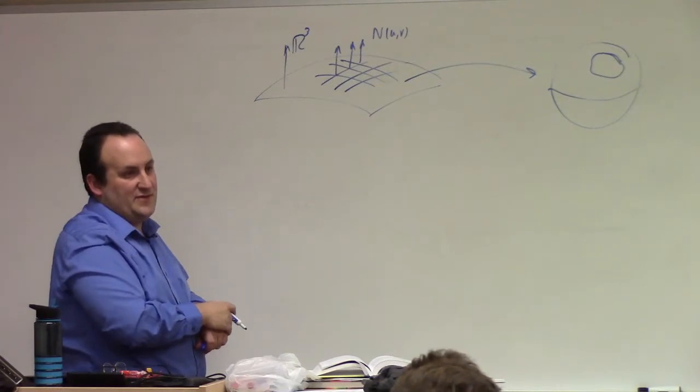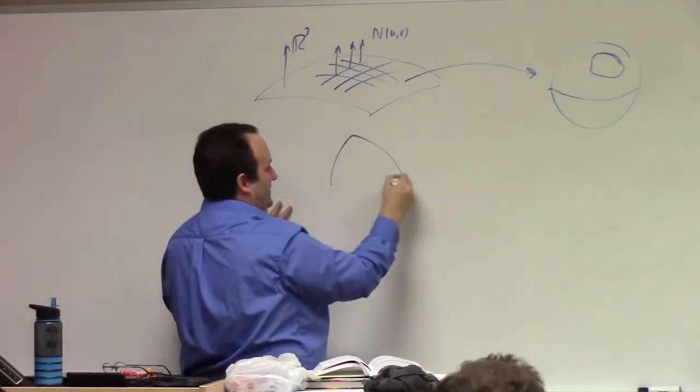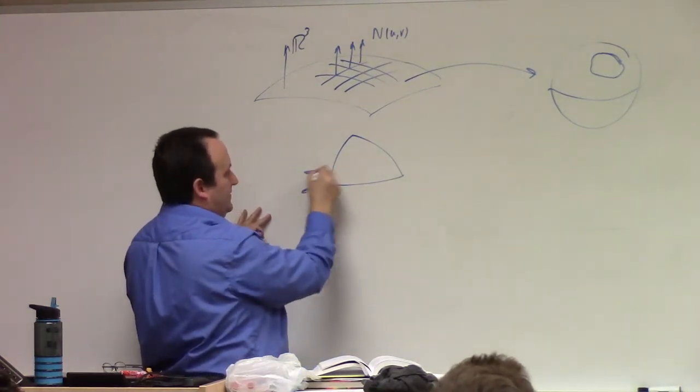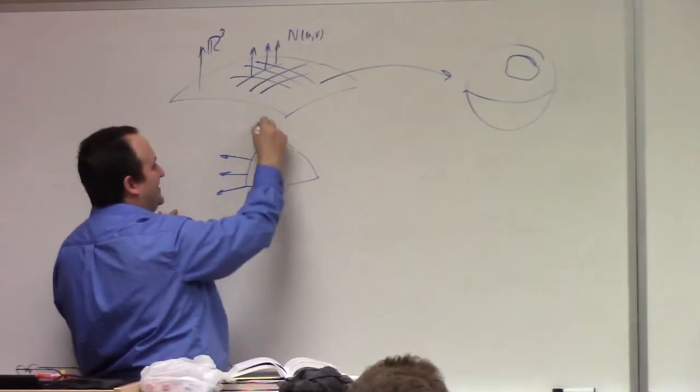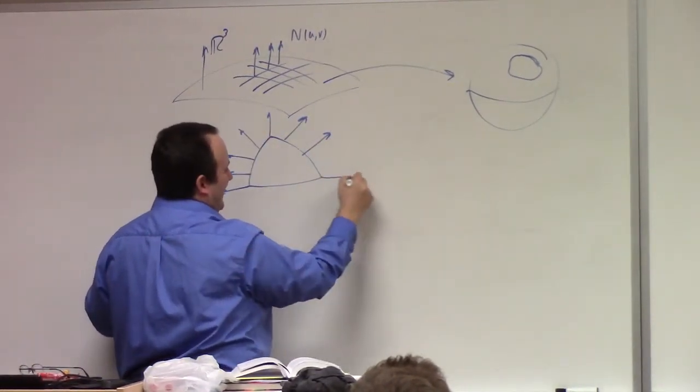To give the most transparent example, if you look at a quarter sphere and at the normals to it, they're kind of boring because they are the points.